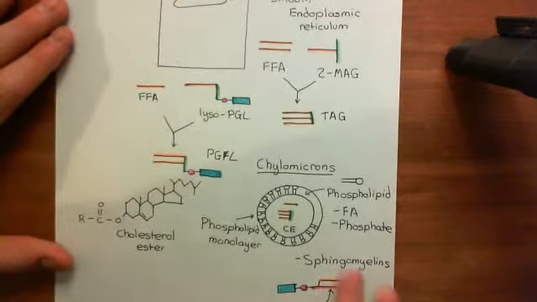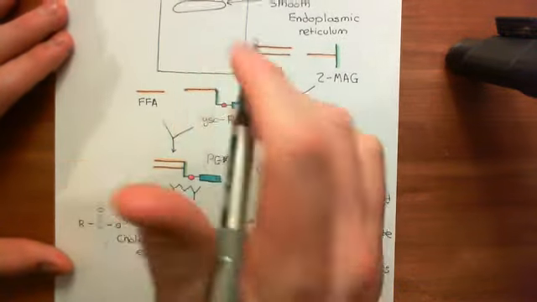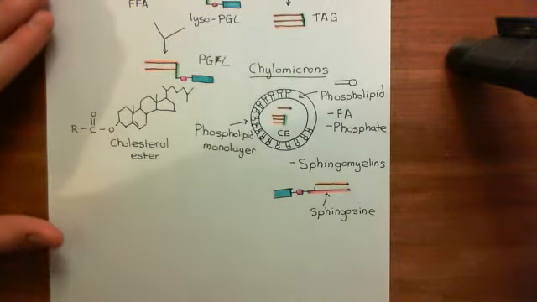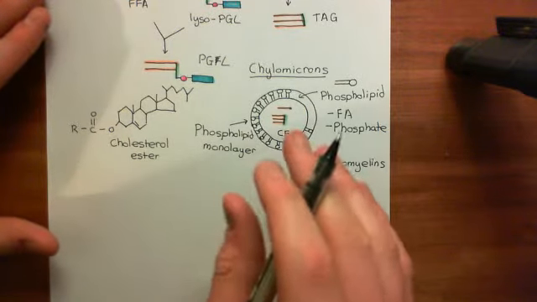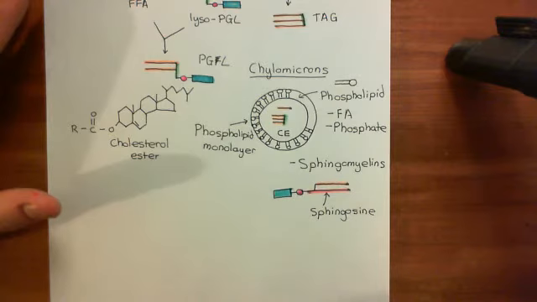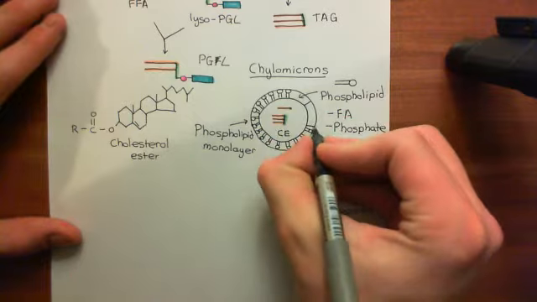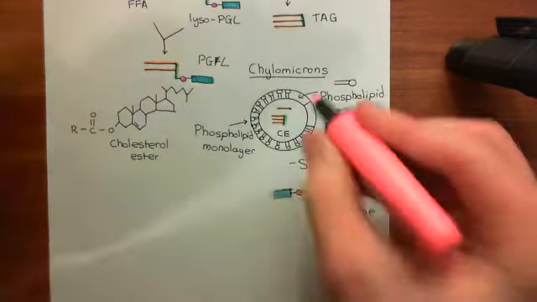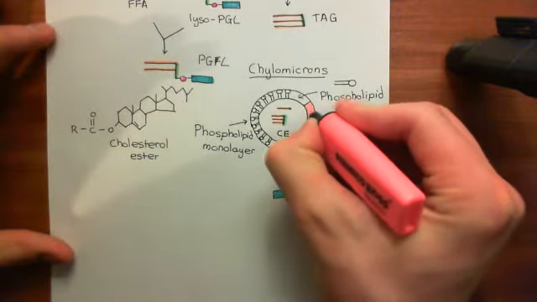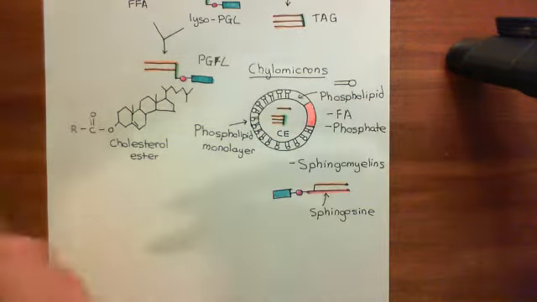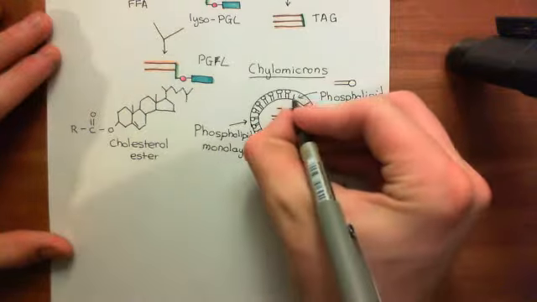Now, these enterocytes here will manufacture these chylomicrons, and in fact I've missed off a key structure. We've shown the lipid molecules, but in fact they have special proteins that are also present within these phospholipid monolayers, and this was why I left this gap here. In the phospholipid monolayer portion of the chylomicron, you also have special proteins which are called apolipoproteins.